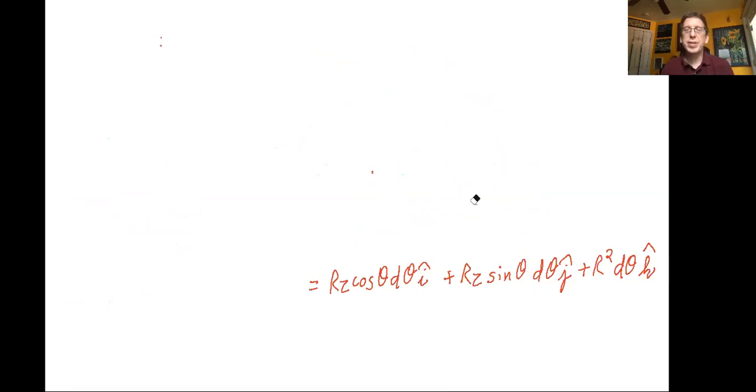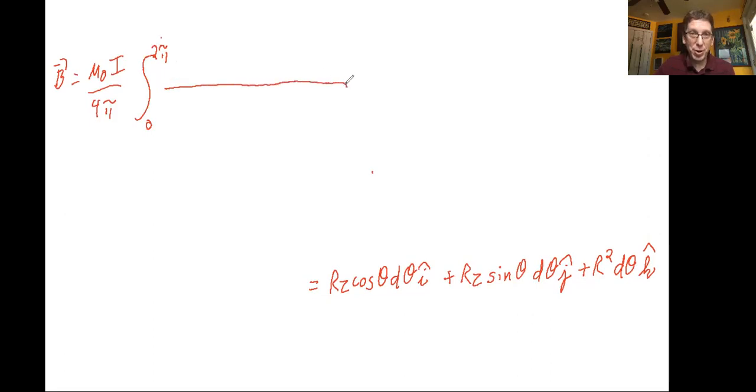And the other thing, so we have B is equal to mu naught I over 4 pi times the integral, and that's from 0 to 2 pi. So we're going to put script r cubed on the bottom. And that's just the magnitude of the script r vector.